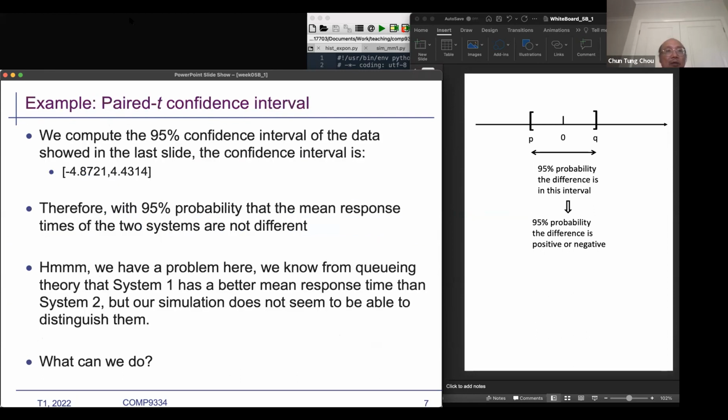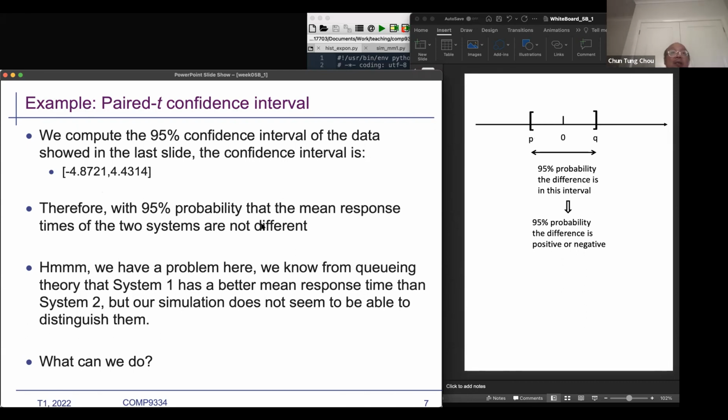If we compute the 95% confidence interval of the data on the last slide, the confidence interval is minus 4.87 to 4.43. So the lower limit of the confidence interval is negative, the upper limit is positive, and we have exactly the situation that I'm picturing here.